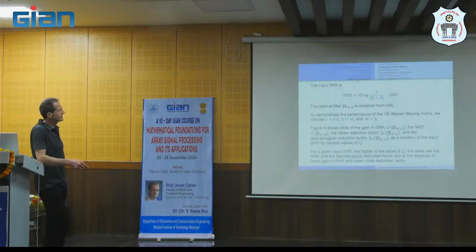So we can find the correlation matrix of the desired signal, Rx, and the correlation matrix of the noise. Suppose that here we choose alpha to be 0.8, and we take L equals 10 samples from each sensor, and we have 5 sensors.